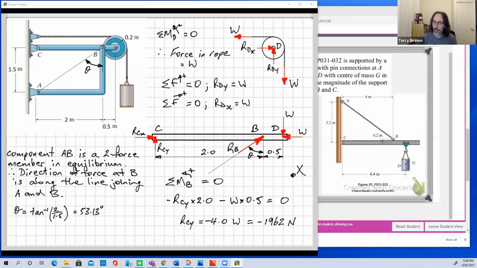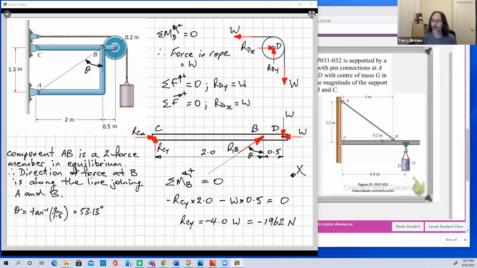Or I could take moments about this point here, point D. That might be a little bit more sensible, right? If I took moments about point D, I know all my distances, but what would I end up with in my equation? Two unknowns.